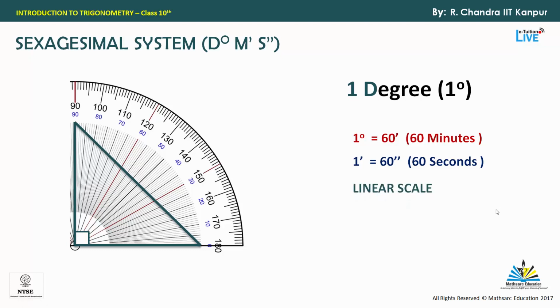What is a linear scale? If we have 60 minutes in 1 degree, then there would be 120 minutes in 2 degrees. And what would be the number of minutes in 3 degrees? That is 3 into 60, that is 180 minutes. So these are angles that are linearly dependent, so we call this a linear scale.